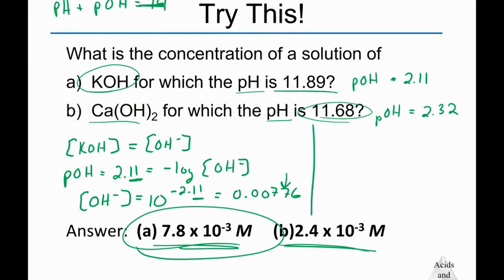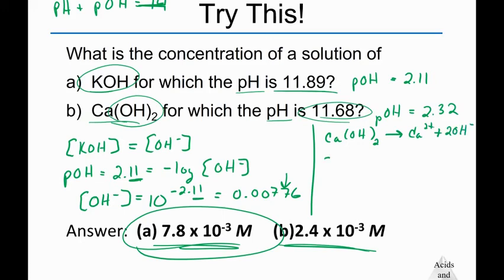This one's a little bit different because I have twice the number of hydroxide ions there. So what's going to happen in this case is my calcium hydroxide is actually going to disassociate into Ca2 plus and 2OH minus.